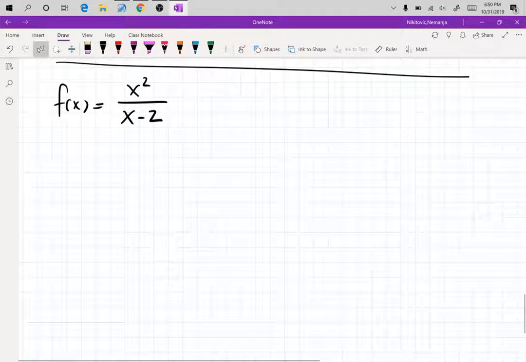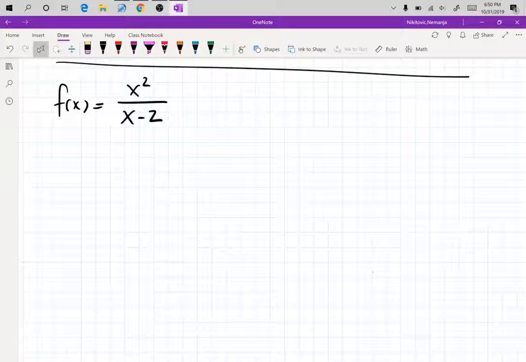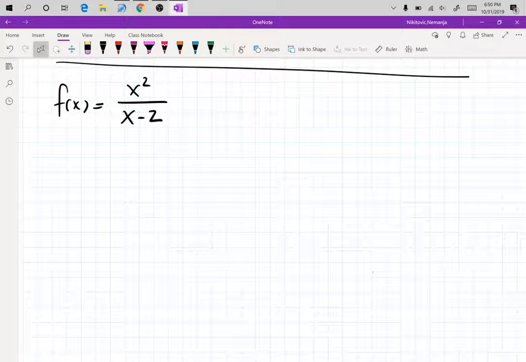You are supposed to go through 13 different calculations or whatever amount, right? So start from domain. What is the domain of this? Everything except 2. Awesome.